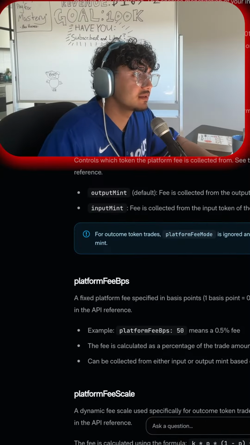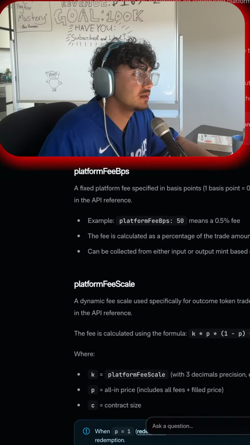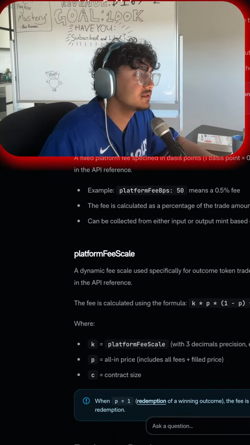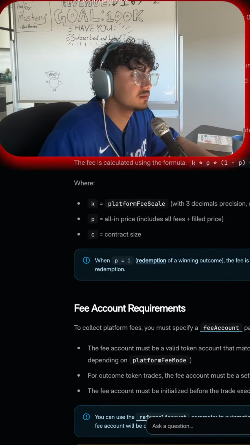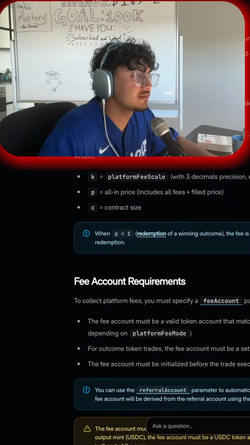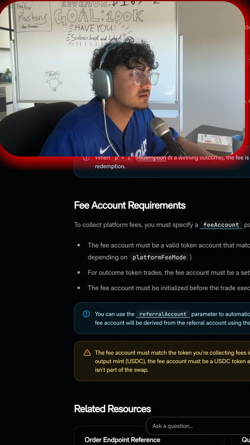Platform fees are specified in basis points. DFlow provides 3 key parameters for configuring platform fees. 50 BPS means 0.5% fee. The fee is calculated as a percentage of the trade amount and can be collected from either input or output mint.